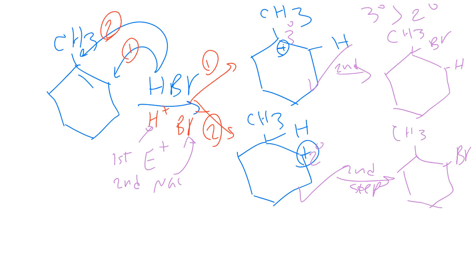So this would be your minor product. The major product comes from the more stable intermediate, and the minor product comes from the less stable intermediate. Is that clear? Okay, perfect.